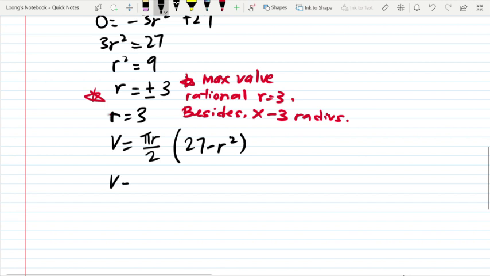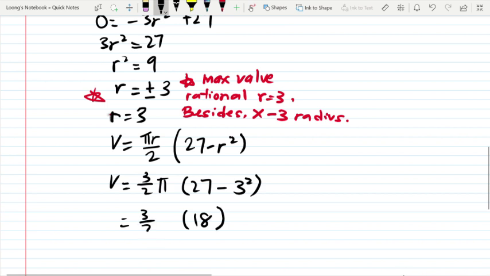Just sub the 3 in, which is 3 over 2 π and 27 minus 3². 27 minus 9, what you get is 18, and 3 over 2 π times 18, what you get is 27π.